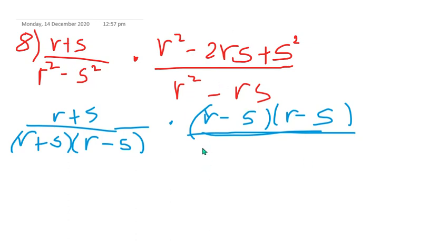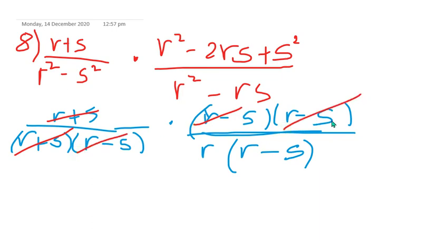Here again, the common factor is r. R squared divided by r is r, minus rs divided by r is s. Now we cancel: r plus s divided by r plus s is 1, and r minus s divided by r minus s is 1.